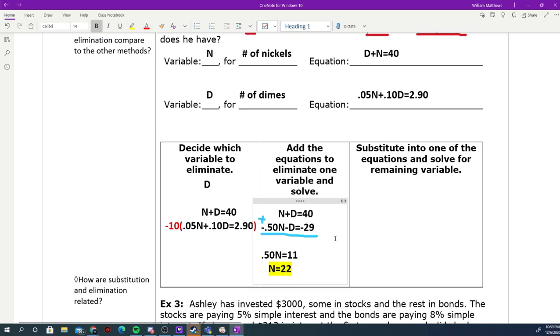If we want to continue to make sure that our value is correct, we can take one of our original equations. Or if we solve for the wrong variable, we can take our original equation, plug in our value, and subtract on both sides.